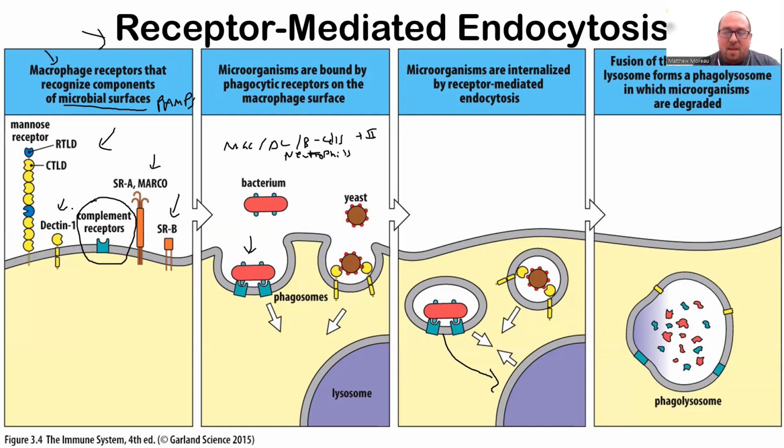But the point is that these particular pattern recognition receptors, or PRRs, recognize certain molecular patterns called PAMPs, and this very specific engagement results in an endocytotic event that always results in the formation of the phagolysosome.